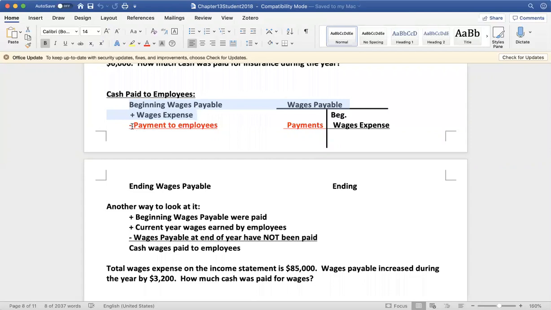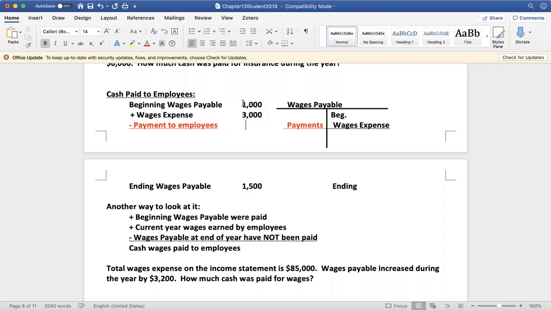And how do we know how much we pay to employees? Again, we're going to know our ending wages payable, the wages payable at the end of the period. So let me give you an example. If at the beginning, our wages payable is $1,000, and then wages expense happens of $3,000, and then at the end, our ending wages payable is $1,500, what is our wages payment to employees?